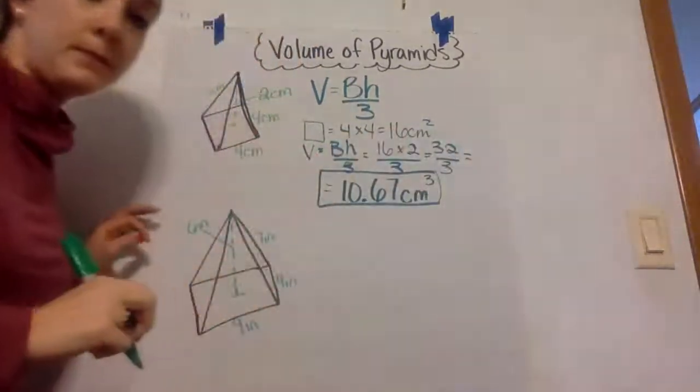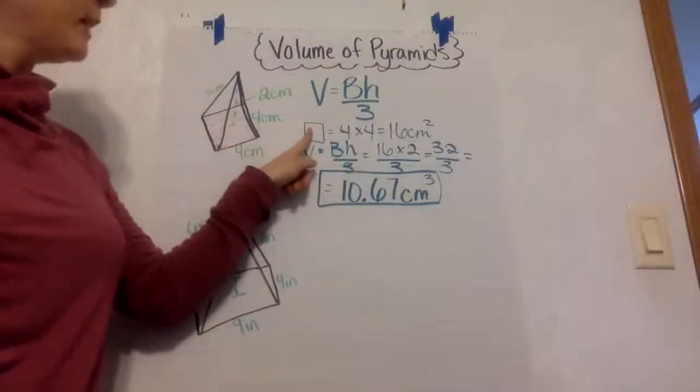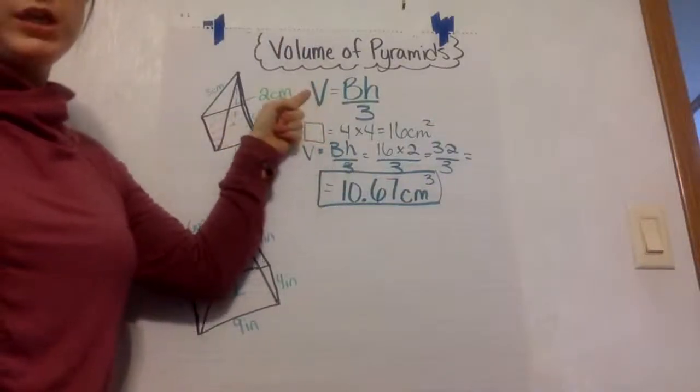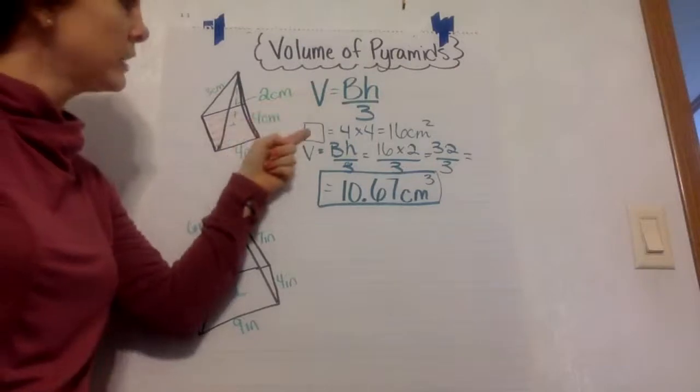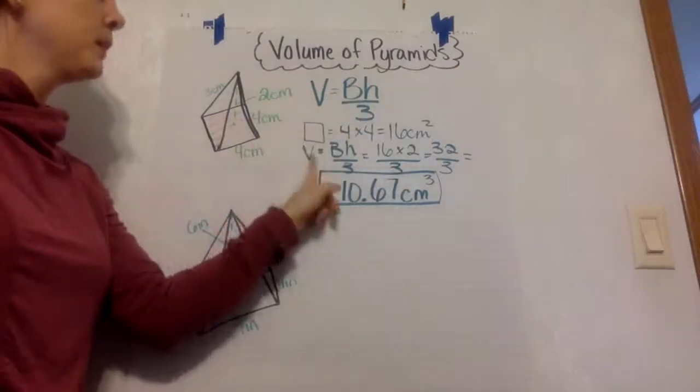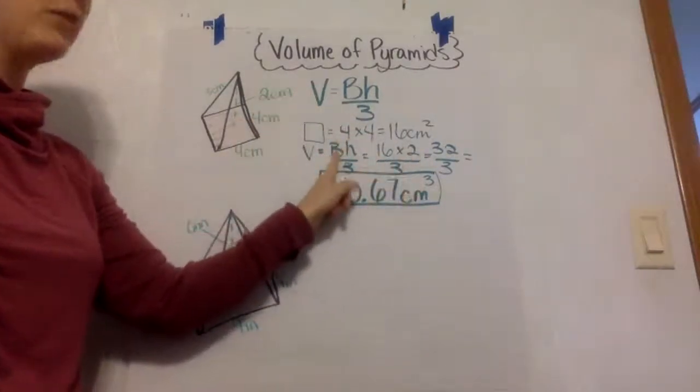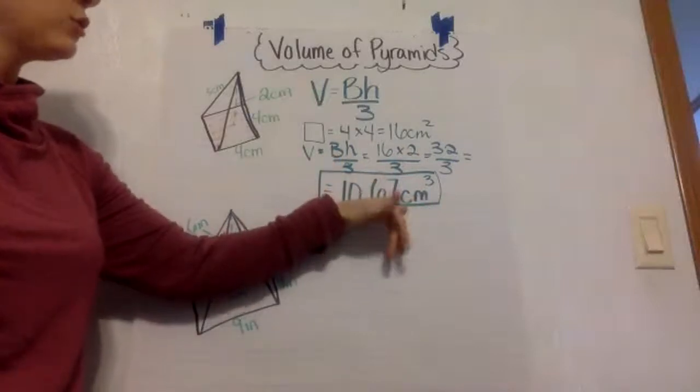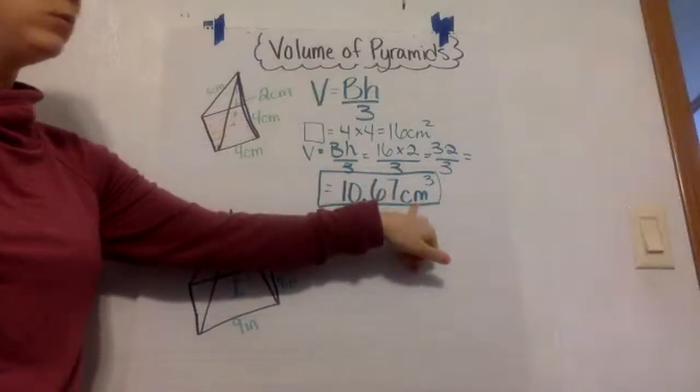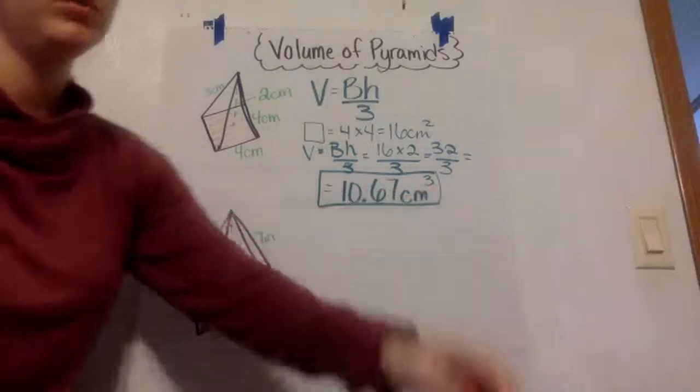Got it? So first things first, find your base. Well, first thing you need to do is write that formula. Second thing is find your base, find the area, then plug in your numbers. Remember, write the formula again, and then make sure you round if you need to, do your units, and do cubed, okay? So let's do one more example, and then we'll go on from there.